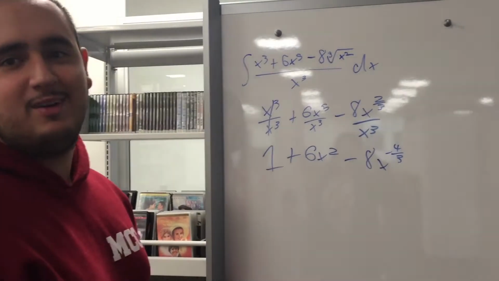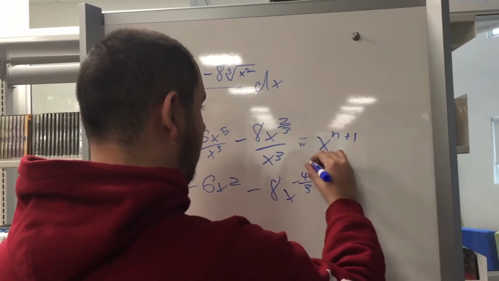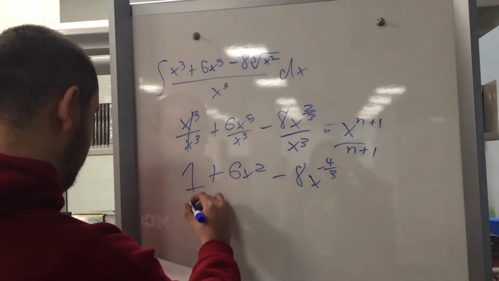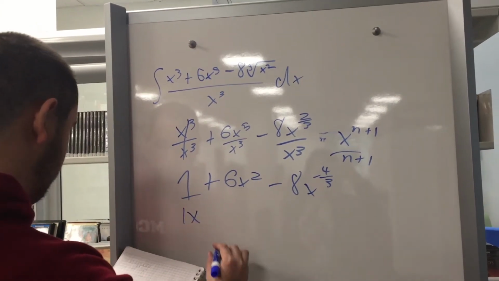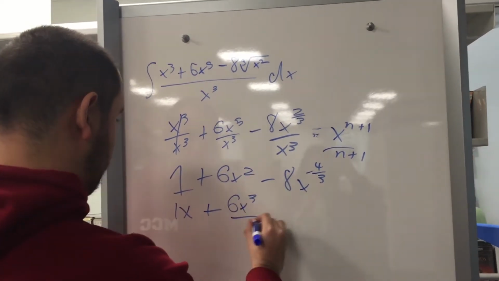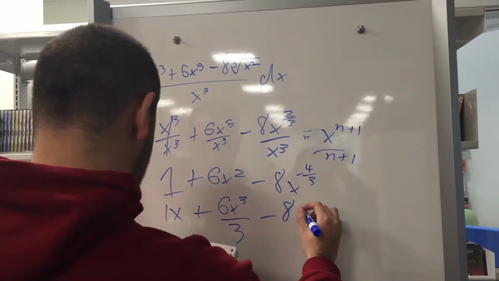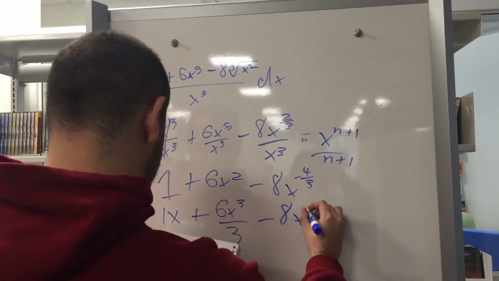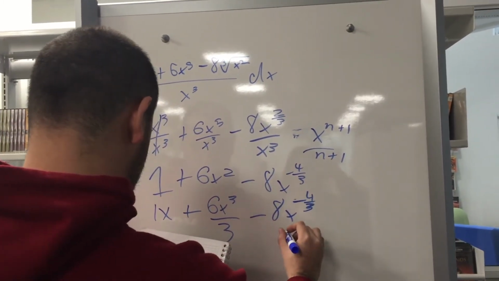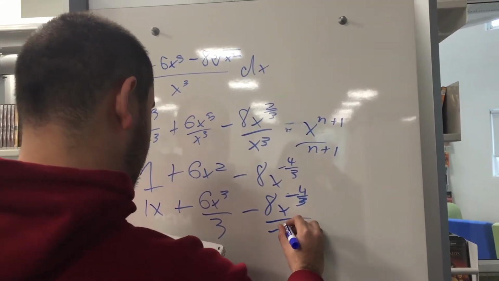Then you need to integrate. Use the formula x to the m plus 1 over m plus 1 in all of these ones, and here's going to be 1x plus 6x cubed over 3 minus 8x to the minus 4 over 3 over minus 4 over 3.